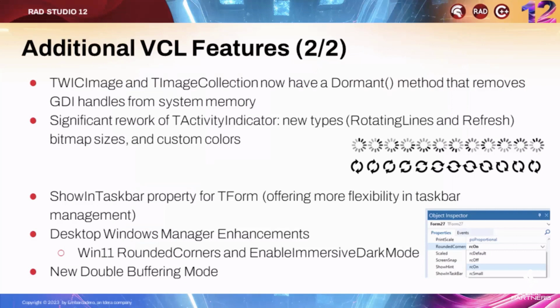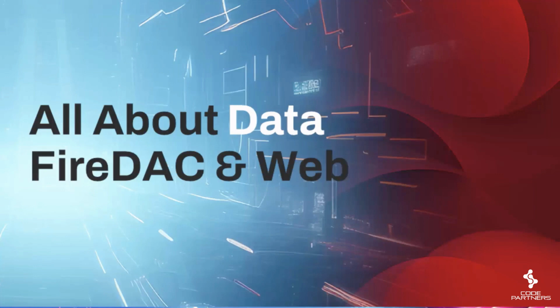Previously, the library was determining whether a form was in the taskbar. Now you can have full direct control of it. Windows 11 specific features like rounded corners and enabling immersive dark mode are also exposed at the form level. Finally, there is a lot of work on double buffering. That's a bit more complicated than I can cover here, so I'm going to skip any of the details. And that's all about VCL.